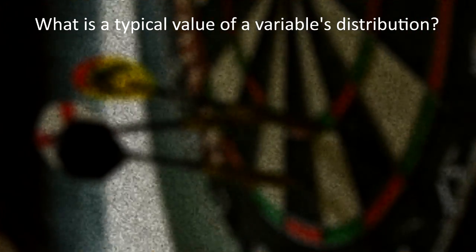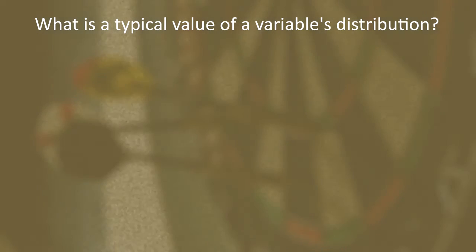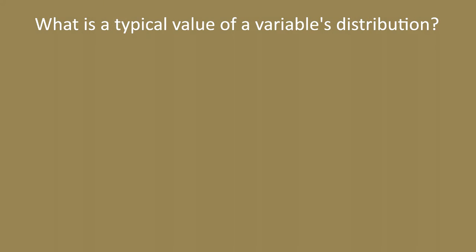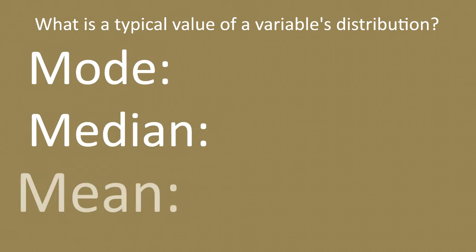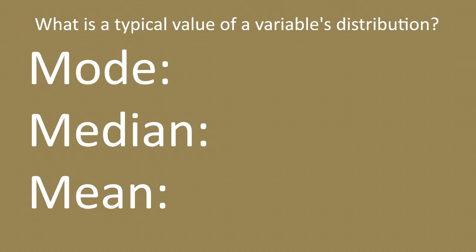So let's briefly review numerical measures of center. Intuitively speaking, the numerical measure of center is telling us what is a typical value of a variable's distribution. The three main numerical measures of the center of the distribution are the mode, the median, and the mean. So far, when we looked at the shape of the distribution, we identified the mode as the value where the distribution has a peak.